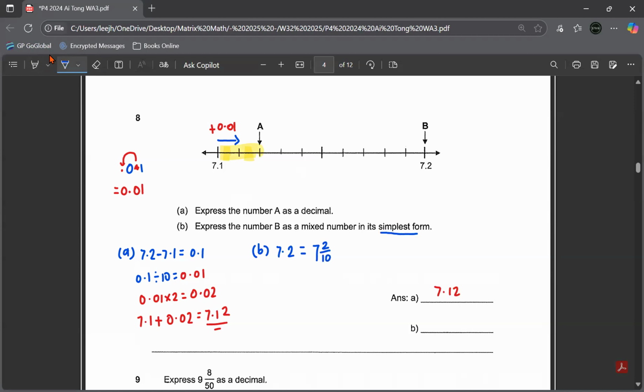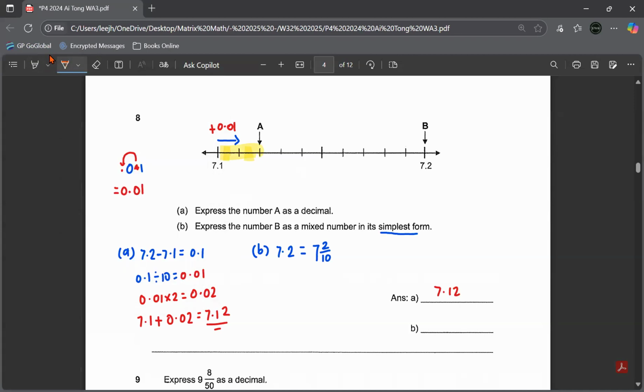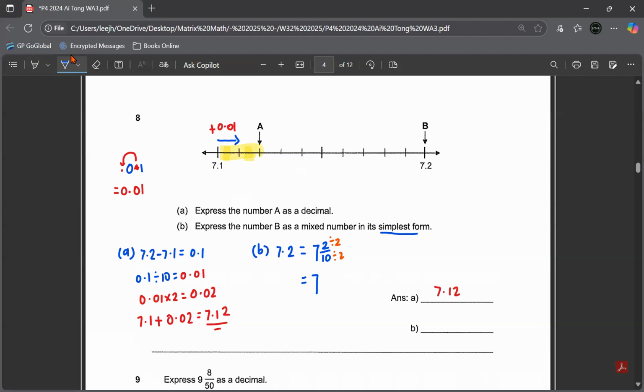Remember, I want the simplest form, which means I still need to divide 2 and 10 by 2. So it will become 7 wholes, 2 divided by 2 is 1, 10 divided by 2 is 5. So 7 and 1/5. That's the final answer.